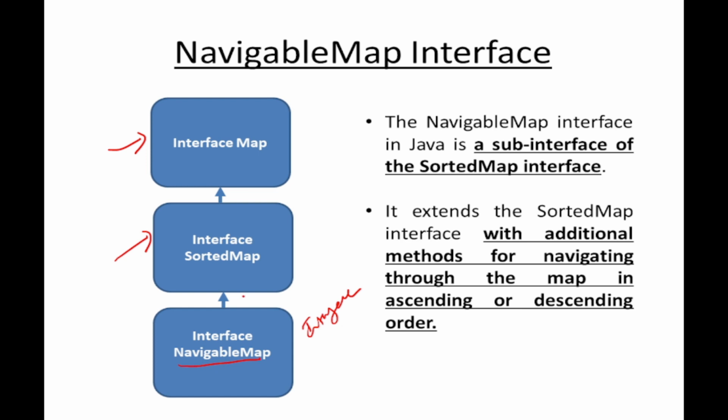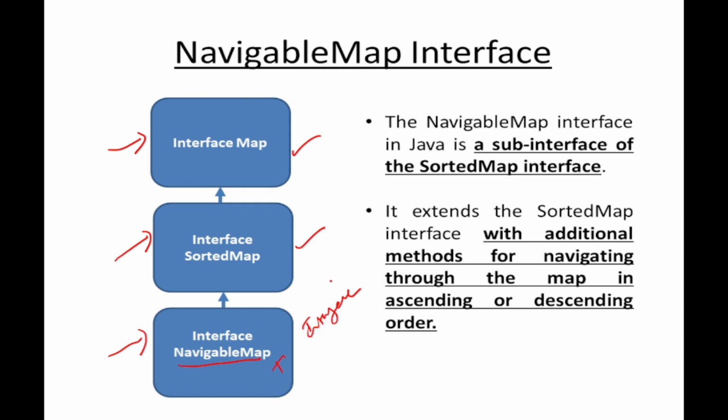It has some additional methods for navigating through your sorted map. Navigable map is an interface which inherits sorted map and map, so it inherits the methods of map, the methods of sorted map, plus additional methods.